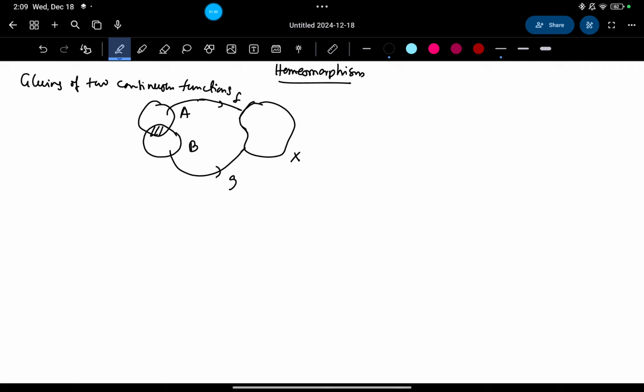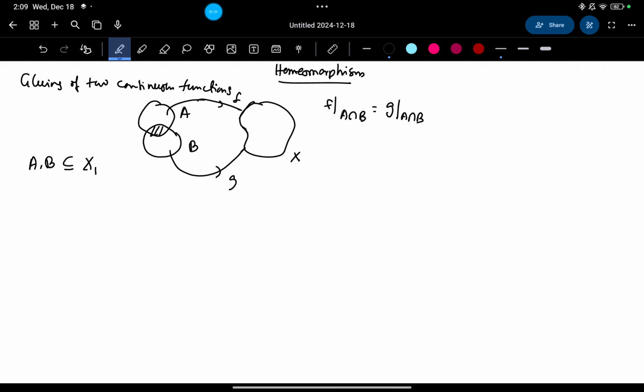Of course, A and B are both subsets of X, a topological space, and such that f and g both agree in the intersection region. That means f restricted to A intersection B is the same as g restricted to A intersection B.